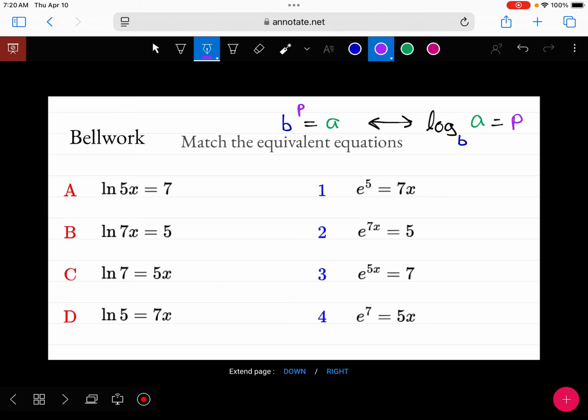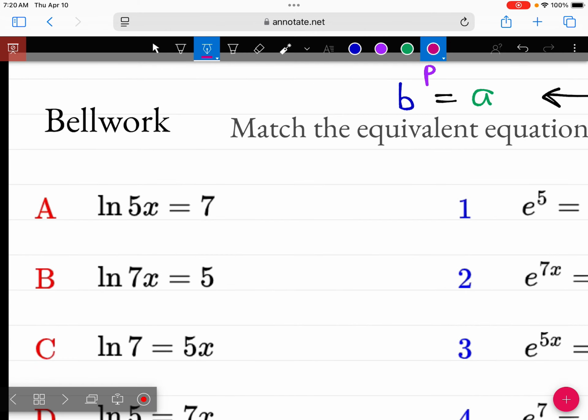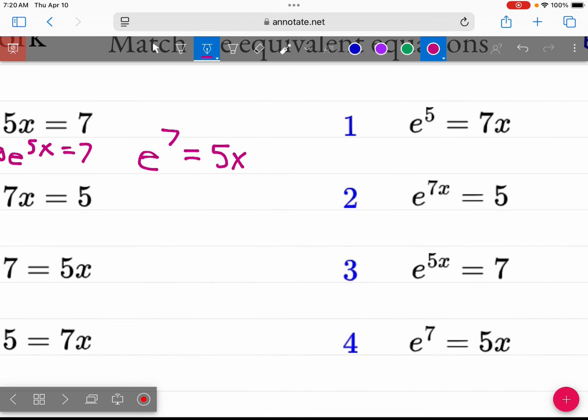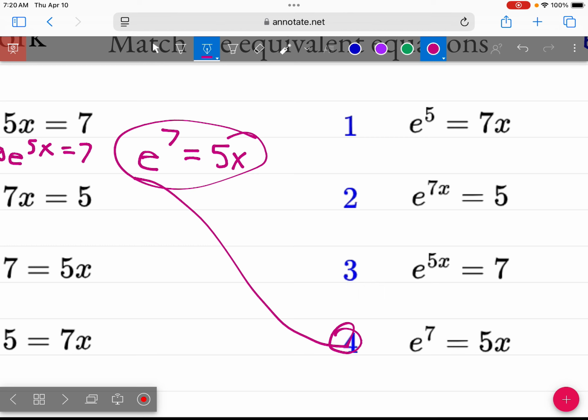So what do we think? What pieces are going to match up here? A and 4. Yep, I'm with you, because this is our log base e of 5x equals 7. So if we switch that around, we have base e, power 7, argument of 5x. So that is exactly what number 4 is.